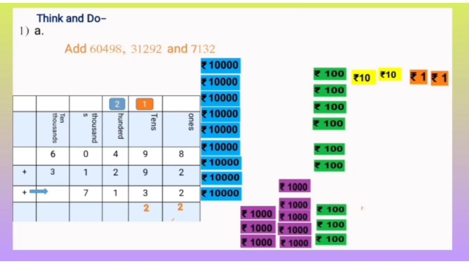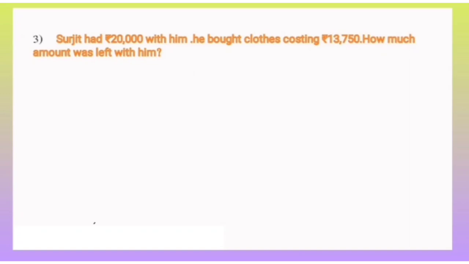Now we'll add hundreds. 9 hundreds are there. So we'll write 9 and on adding thousands, 8 thousands are there. And 9 10,000s are there. So on adding we'll write 9 in 10,000s column. So our final answer is 98,922.